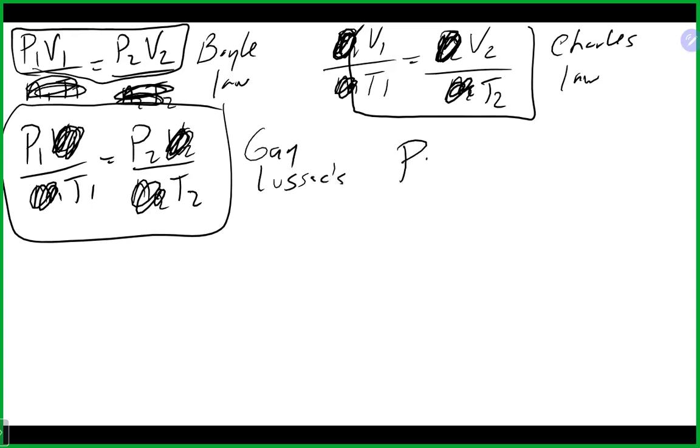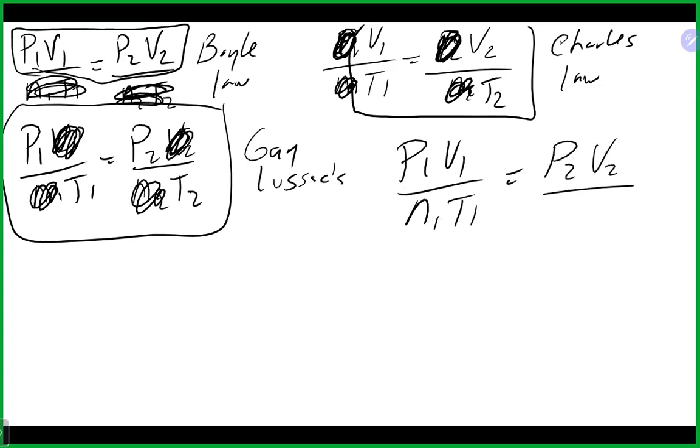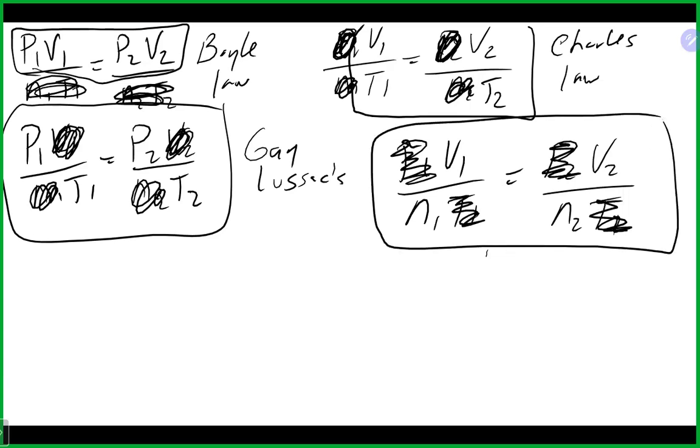Even our good friend Avogadro can be helpful here. If you come across a problem and it mentions nothing about pressure and nothing about temperature, or they're held constant, you get rid of pressure and temperature on both sides. And now you have Avogadro's law.